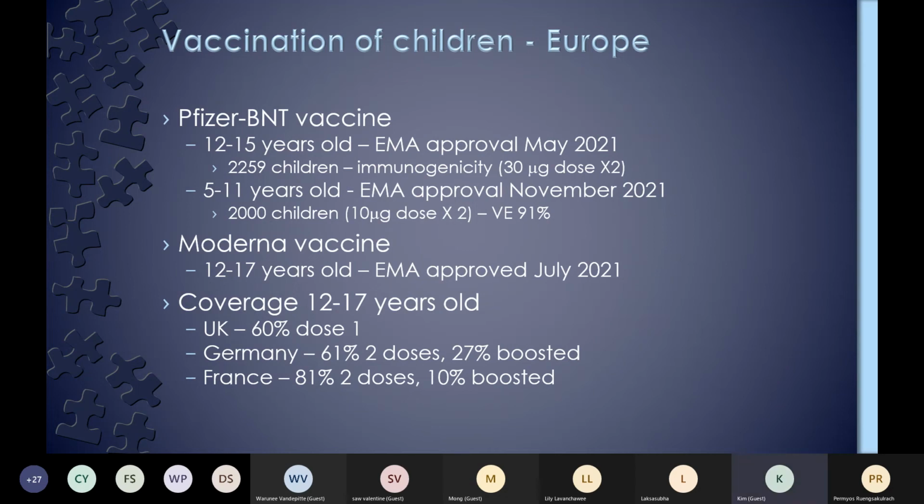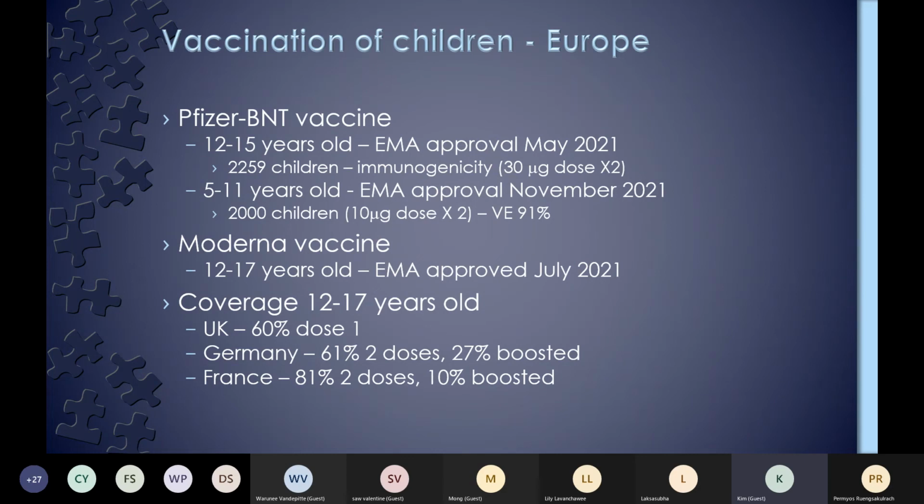There's quite a bit of data actually on the effectiveness in that group. I haven't listed it here. The key thing though is, what about children under 12? And for children 5 to 11, the Pfizer vaccine has been licensed in a dose of 10 micrograms. And this should be compared then with the adult dose of 30 micrograms.